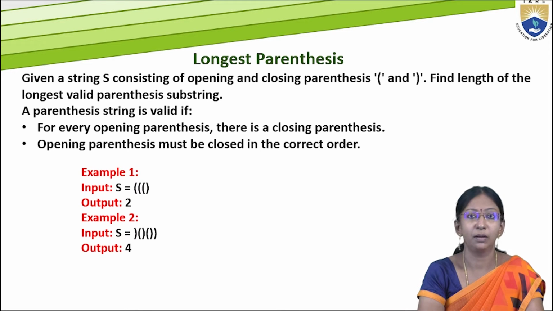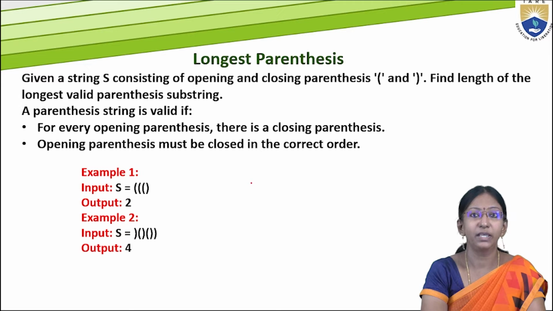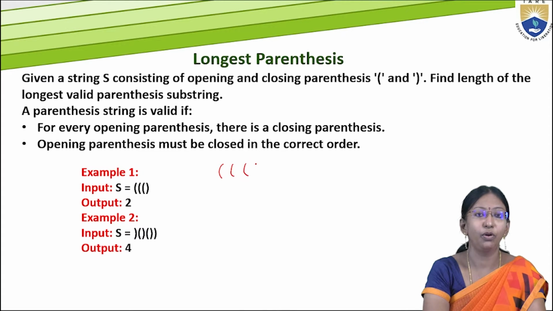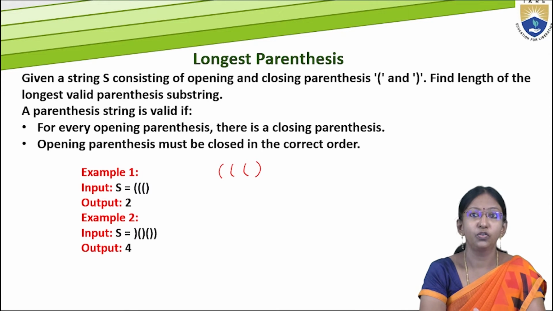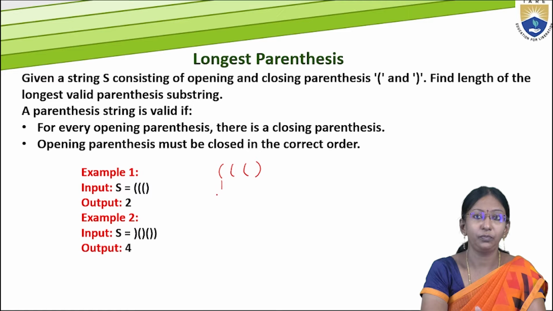Have a look at the first example. Here you can see 3 open parentheses followed by 1 closed parenthesis. Say this is open 1, open 2, and open 3. The closed one gets paired with open 3.